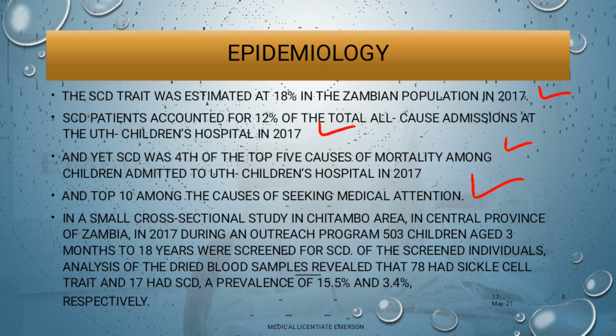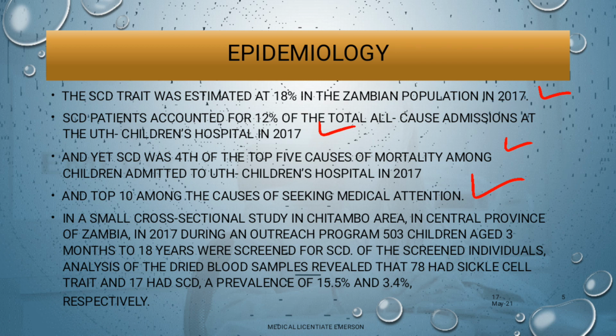Also, in a small cross-sectional study in the Tambo area in Central Province of Zambia in 2017, during an outreach program, 503 children aged 3 months to 18 years were screened for sickle cell disease.